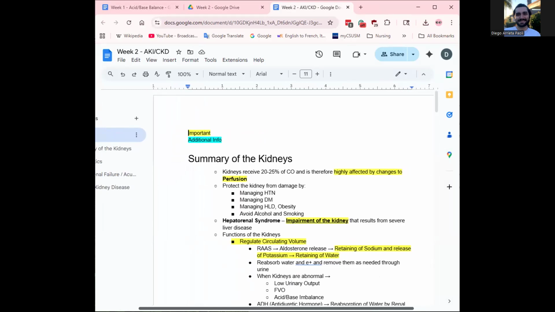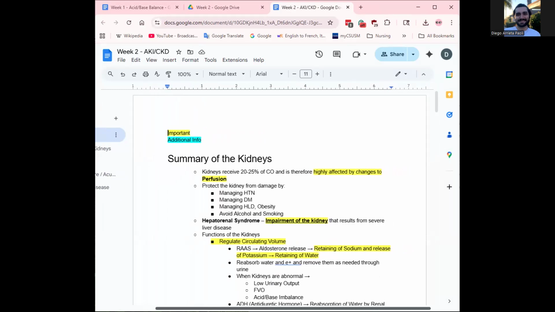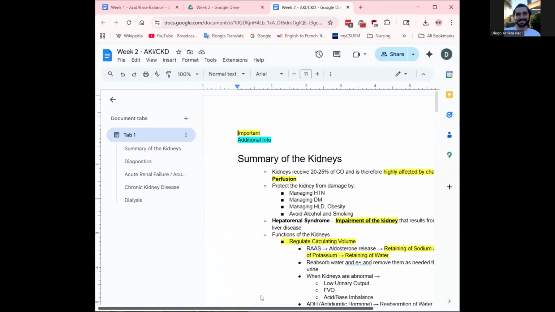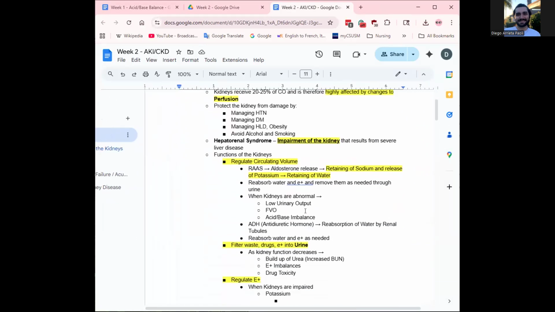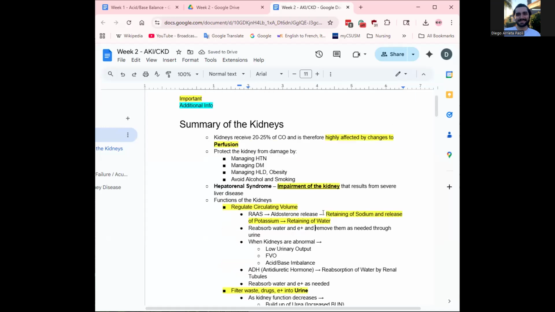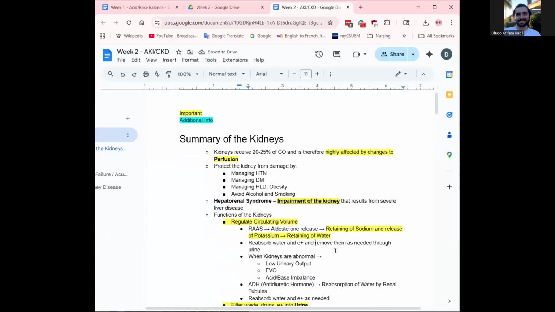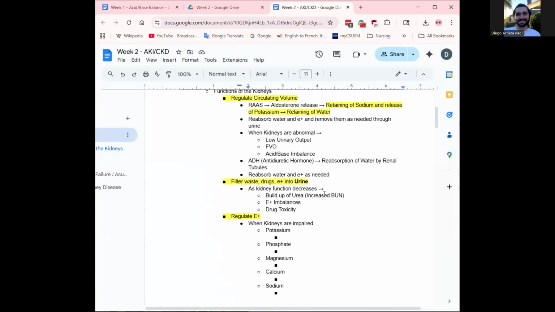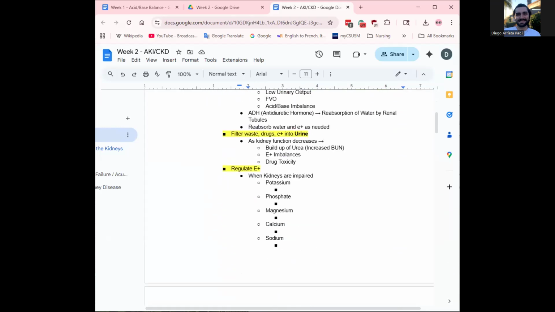There are a lot of functions for the kidneys, so I was just going to go through a summary of the kidneys. Probably only a little bit of student interaction with this one. It'd probably be me mostly going over what the functions are.